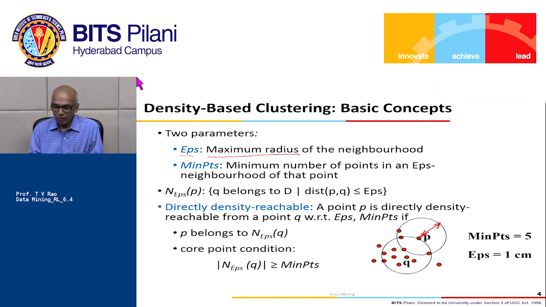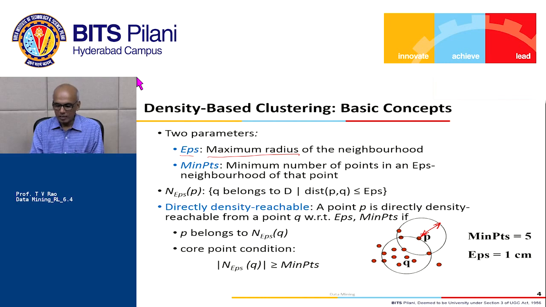And then we will look at the number of points that are available within the neighborhood to say whether this point can be classified as a particular form. We are going to see how we term a point when there are sufficient number of neighborhood points. And there is a definition of density reachability.